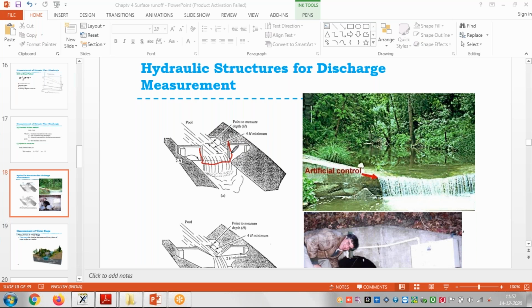This is the artificial channel which is made, and how much quantity of water is flowing here, we don't know. What is Q? Q is in meter cube per second. If it is rectangular, then there is a formula given.